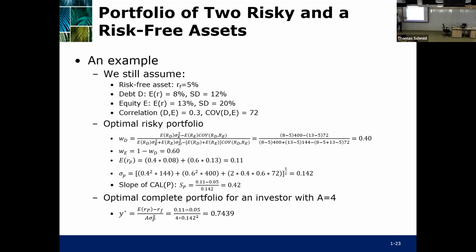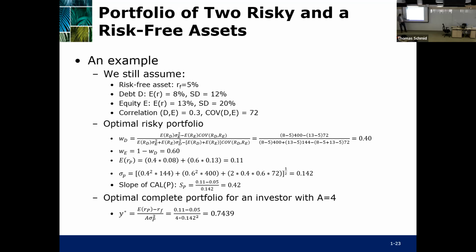So what is the optimal complete portfolio if we have an investor with a risk aversion of 4? Well, we know everything. The risk premium here is 11 minus 5, the risk-free rate. The standard deviation, we calculated here, and the risk aversion is 4.